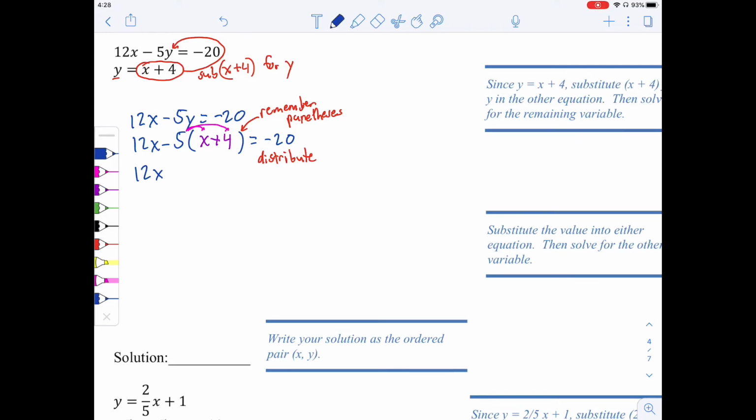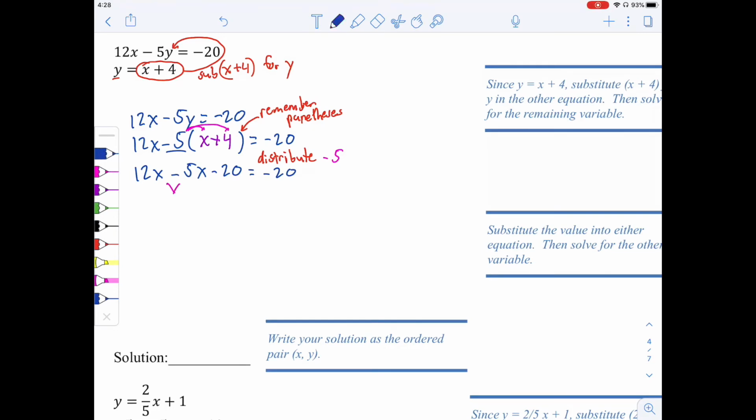So we get 12x. Negative 5 times x is negative 5x. And then negative 5 times 4 is negative 20. So remember your signs in the front. Right? So negative 5, distribute. So we're distributing negative 5. And this is equal to negative 20. Then we're going to combine like terms.